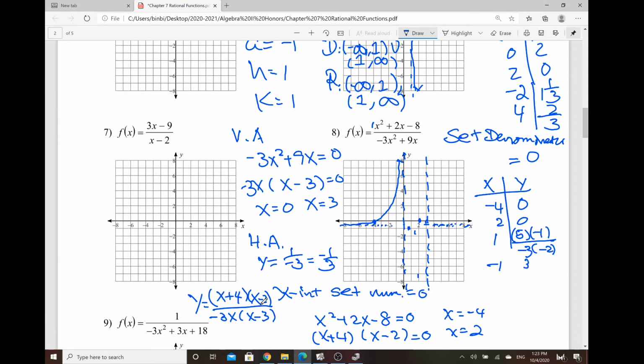Negative 1 minus 2, negative 3, all over negative 3 times negative 1, that'd be 3. Then negative 1 minus 3 is negative 4. The 3 and 3 got canceled, and we have negative 3/4.